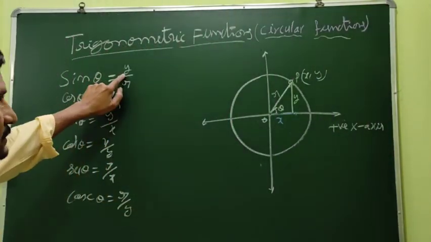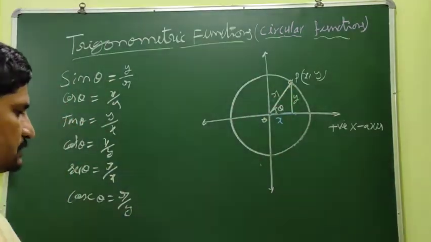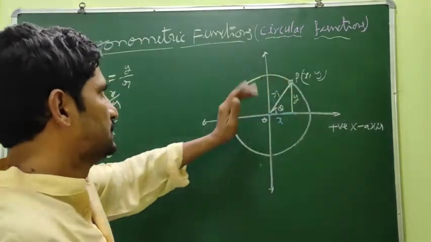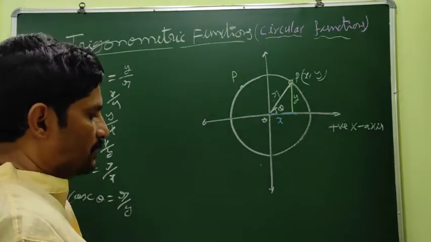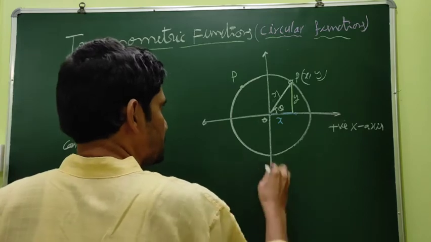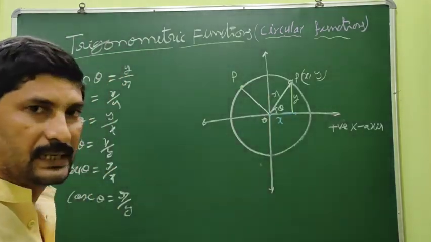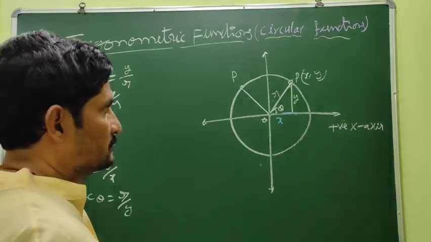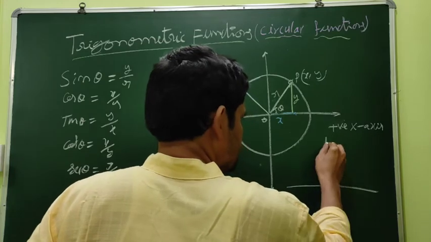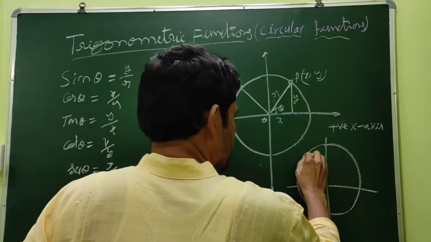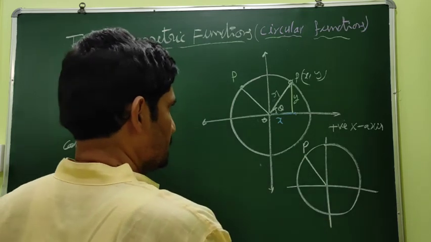Now what is y? Here it is a rise. Suppose this point is moving to here. Suppose P is here. Now this is the radius r. Now where is the angle theta? Draw another circle. Suppose the point P is here. Now join this.